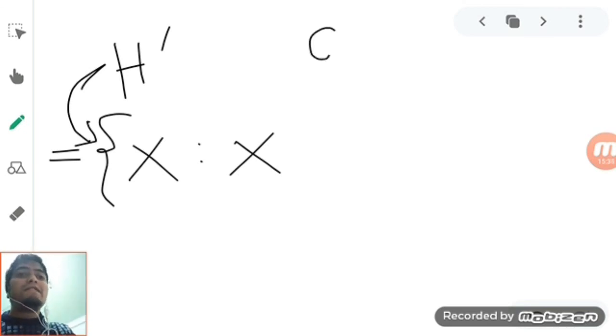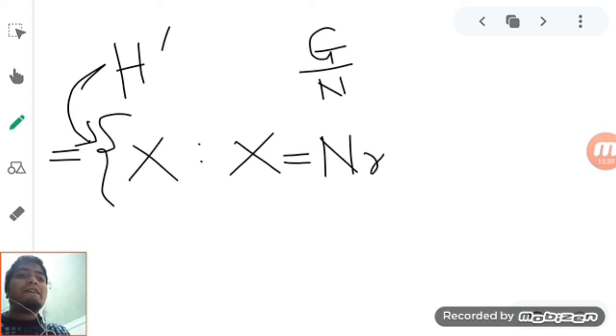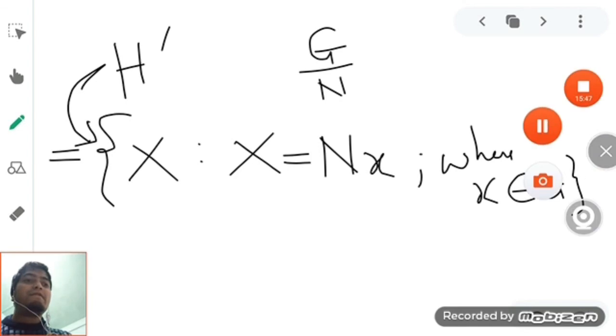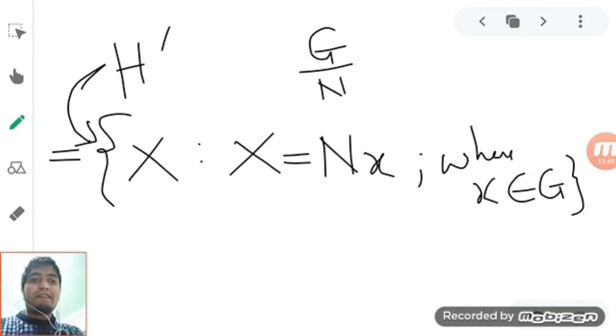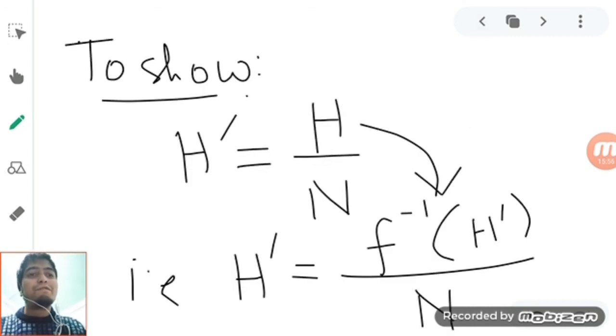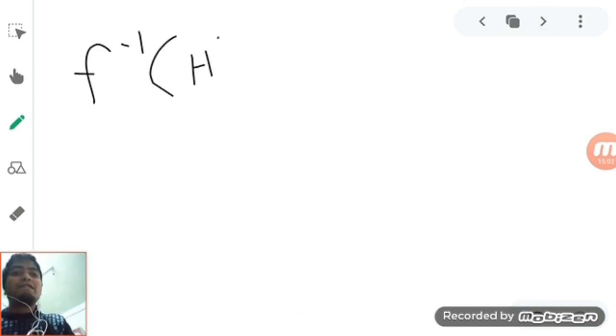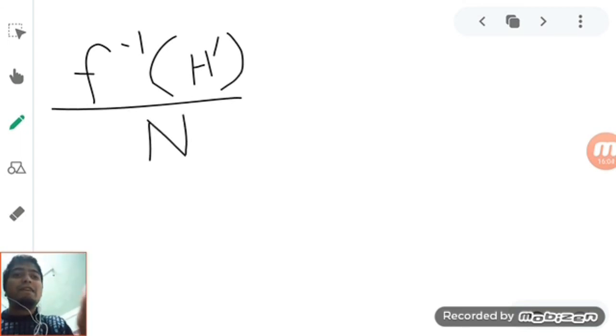Again, we are dealing with G by n, so that's why we are having nx, where x belongs to G. It looks like we won't be able to reach anywhere. Okay, maybe it will be a bit difficult. So instead of showing that H dash is equal to the pre-image of H dash by n, instead what we will do is the reverse, which is again still valid because we are dealing with equality.